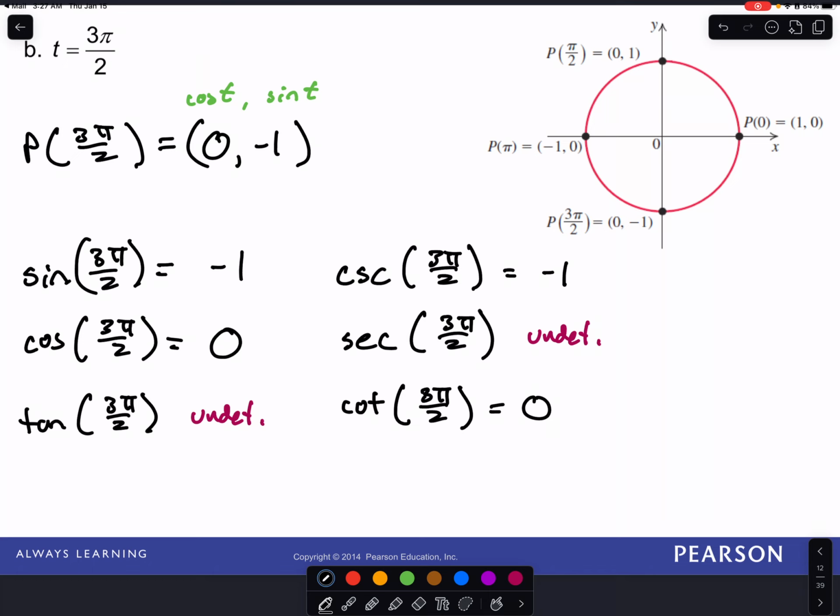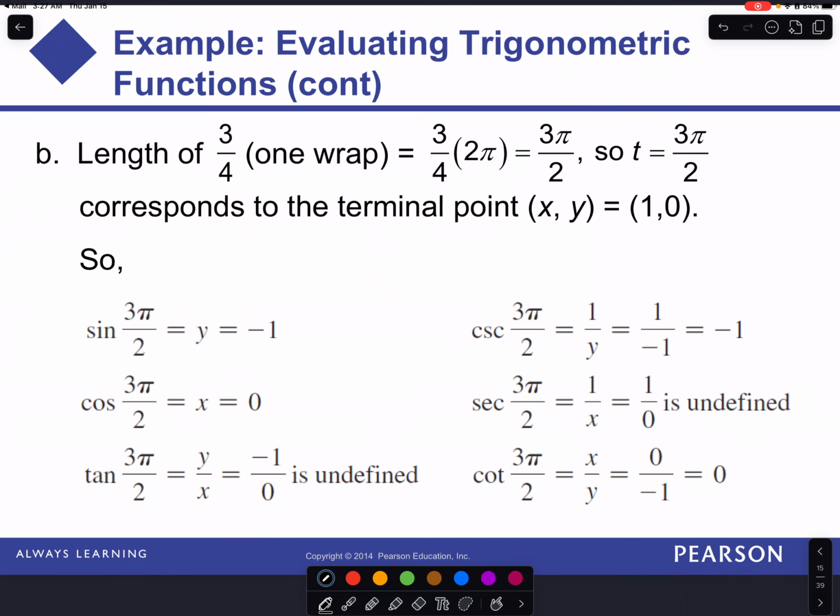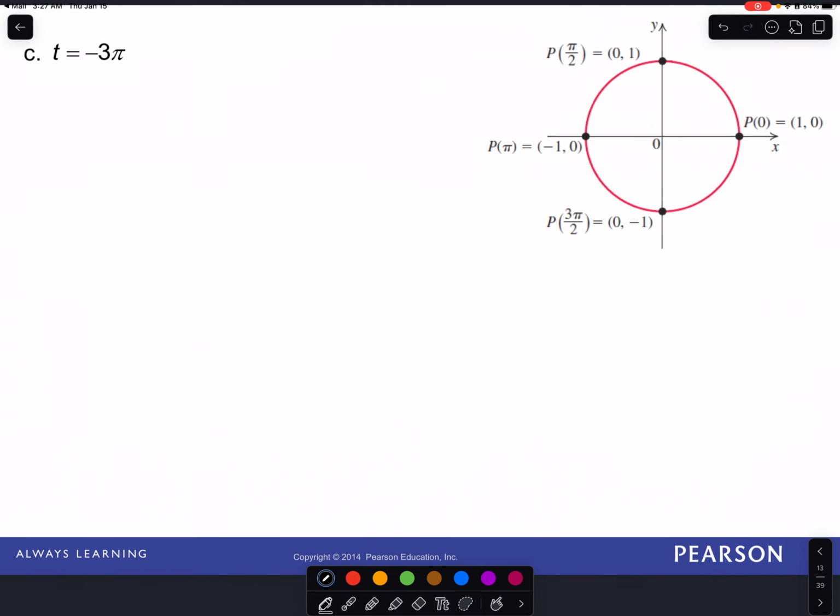Okay. So let's see, how do we do? I kind of want to go ahead and check this. Okay, and I think we're good there as well. Those look good. And then now t is going to be a negative 3 pi, right? Let's see.